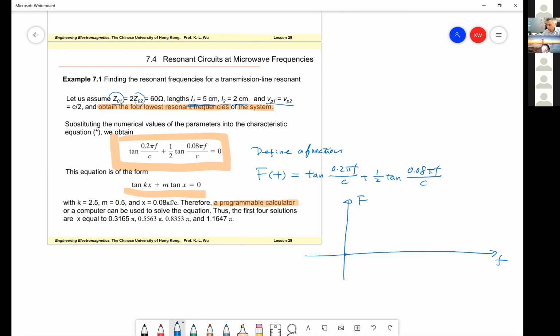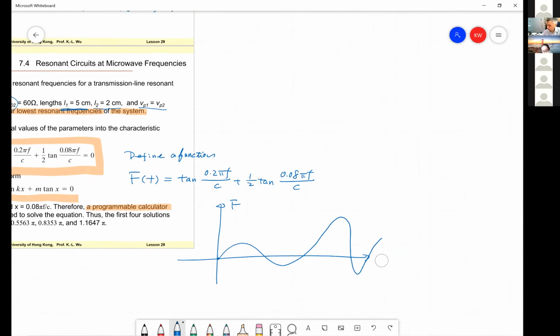So this function very likely looks like this. We continue, because we need to find the four lowest solutions.